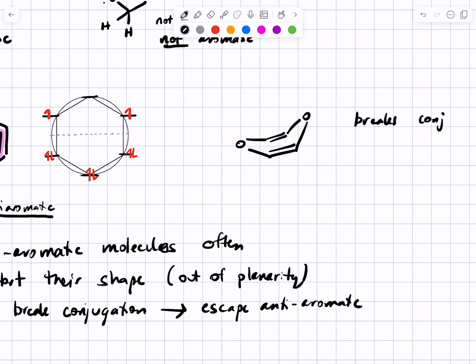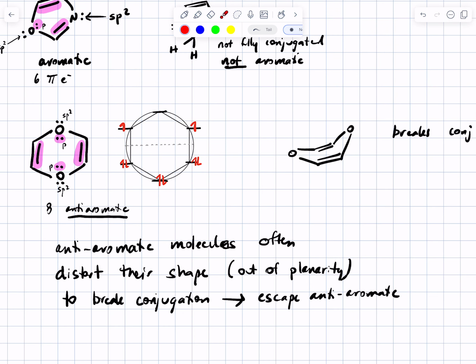The challenge with that is sometimes your text, in fact, I think this is a problem from your text, will look at this and say, oh, that's just not aromatic. And what they're doing is going through the process all the way to completion, saying, okay, well, it would be anti-aromatic, but it's going to distort its geometry so that it can avoid anti-aromaticity, therefore we're just going to call it not aromatic.